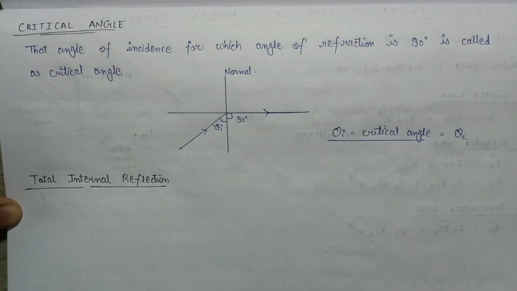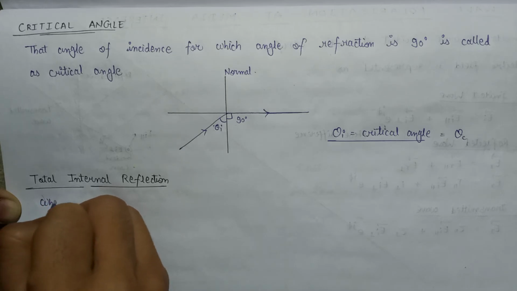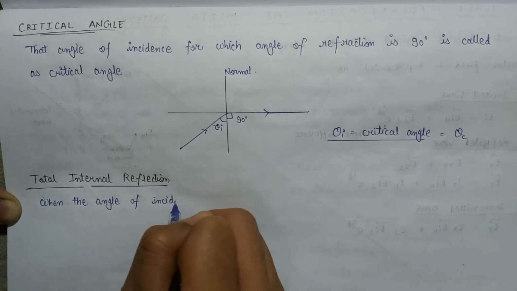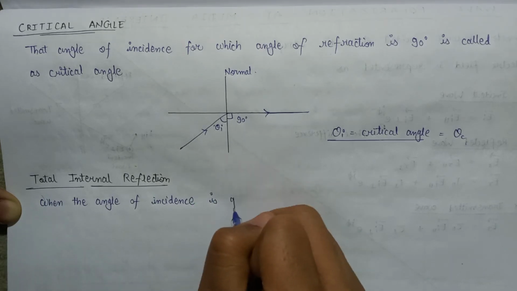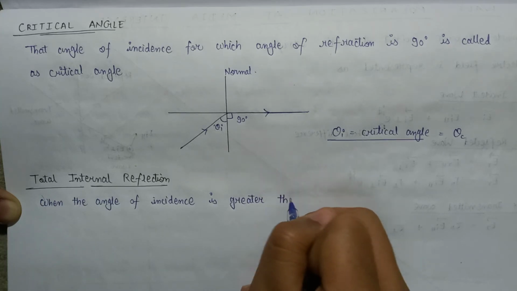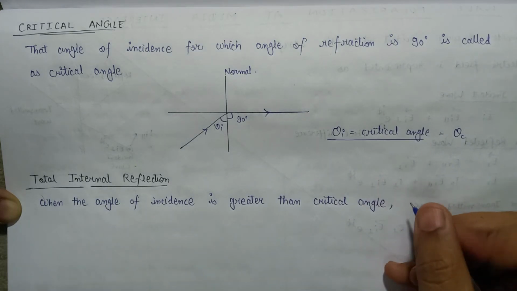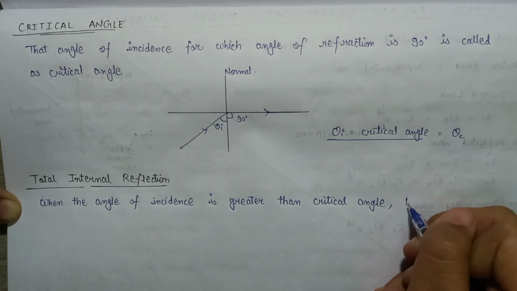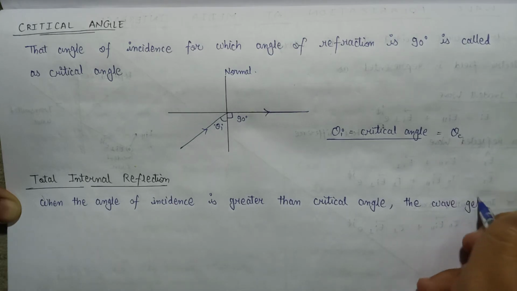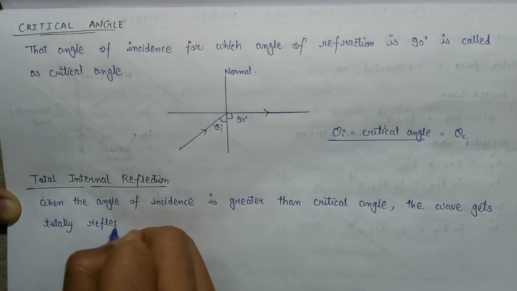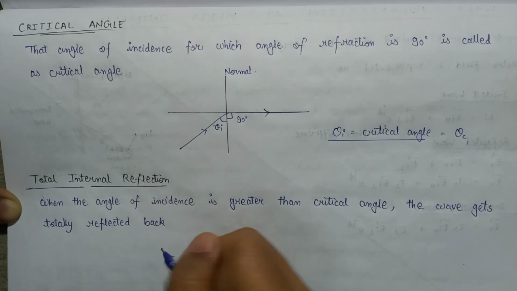Total internal reflection is defined as follows: when the angle of incidence is greater than the critical angle, the wave gets totally reflected back into the same medium.